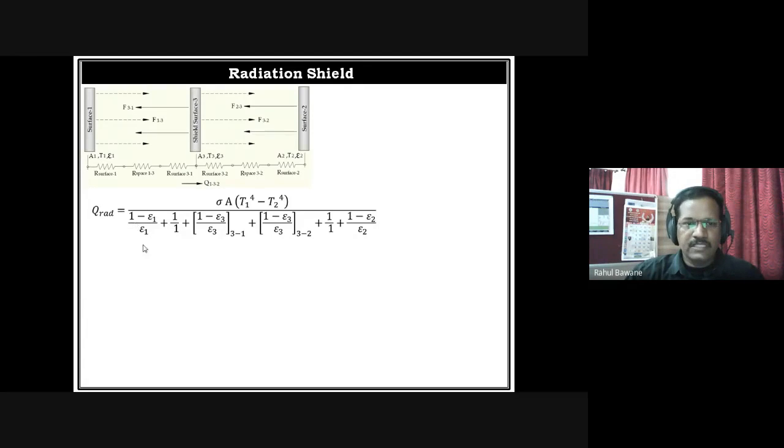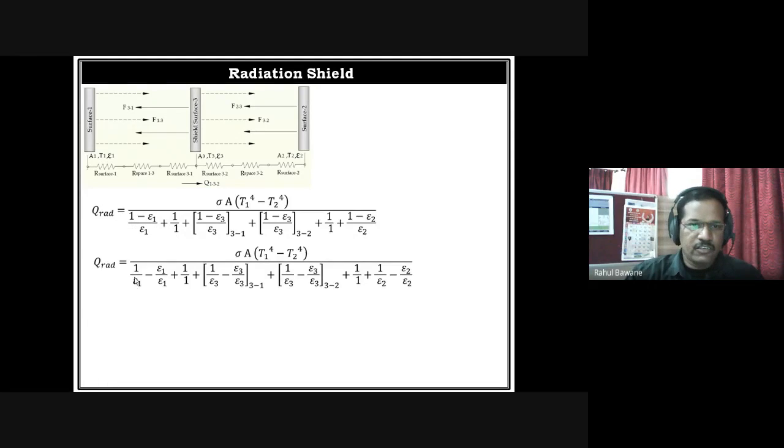Now we will separate out this denominator portion, so it becomes 1 upon emissivity 1 minus 1, plus 1 upon 1, plus, here also we are separating, 1 upon emissivity 3 minus 1, plus, in the second bracket also, 1 upon emissivity 3 minus 1, then plus 1 upon 1, and similarly for the surface resistance of 2. Now here emissivity 1 gets cancelled, it becomes 1.